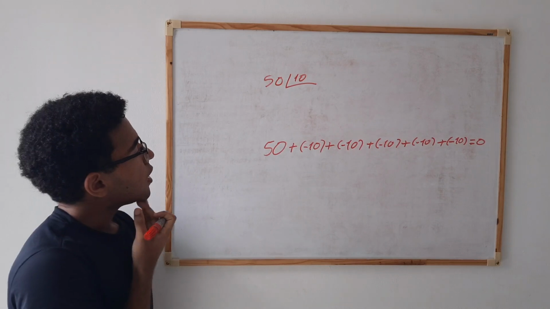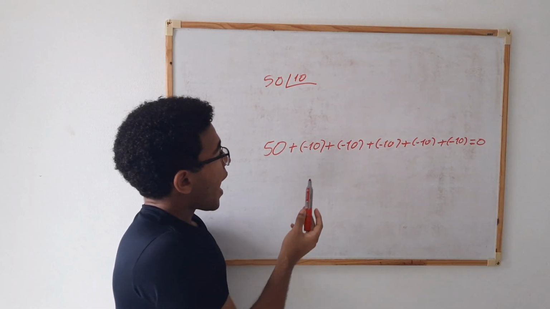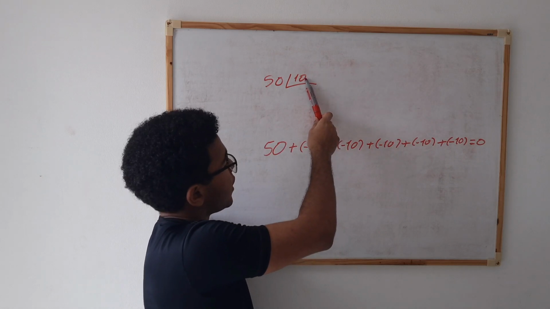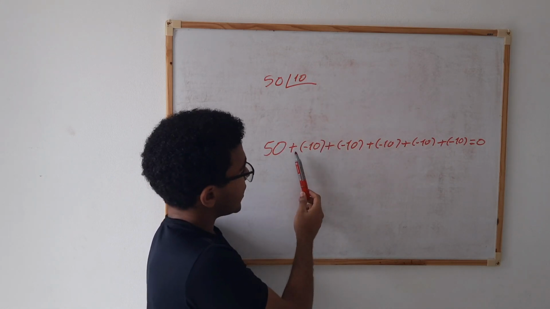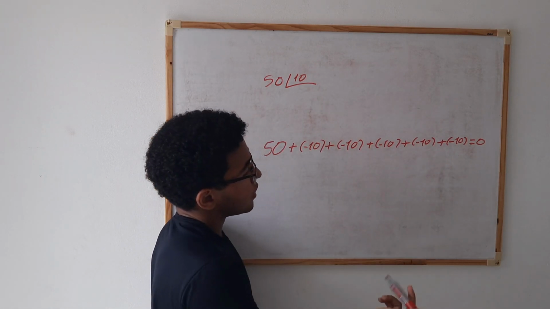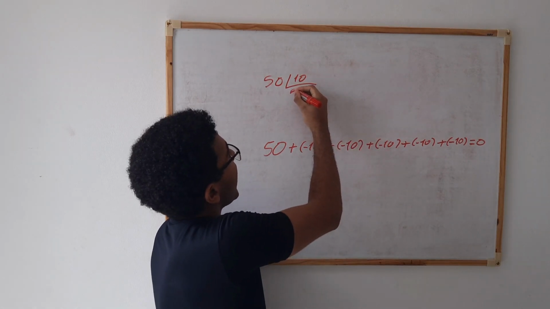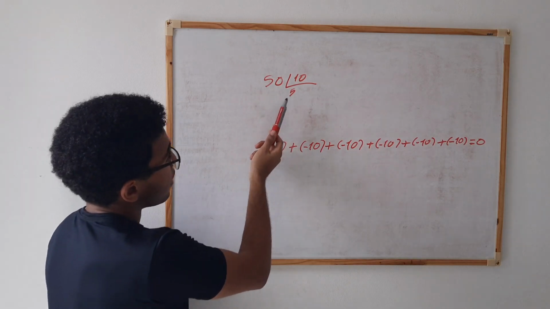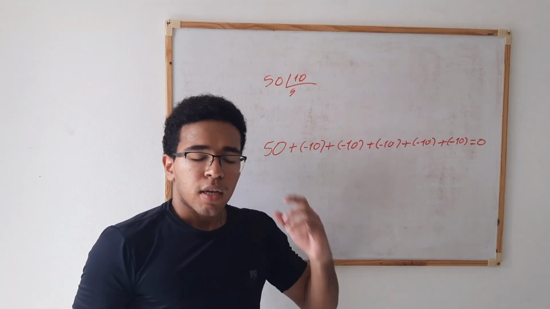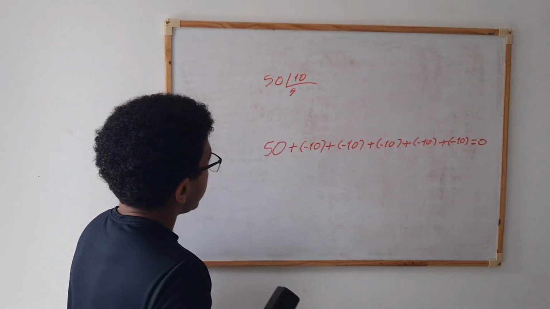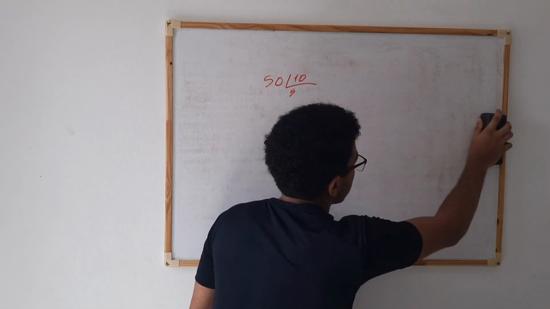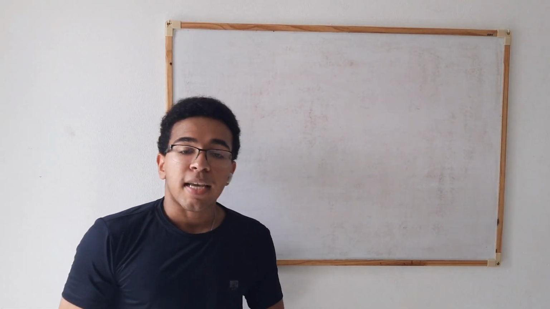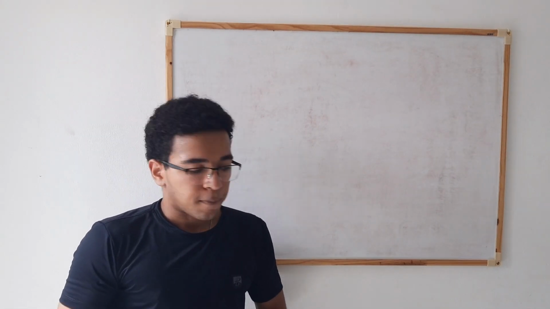Okay? So I have again the opposite of 10 being added 5 times. It's another way to represent it, and this shows how division can be expressed and understood through addition.